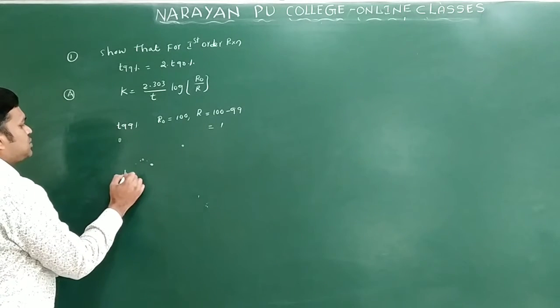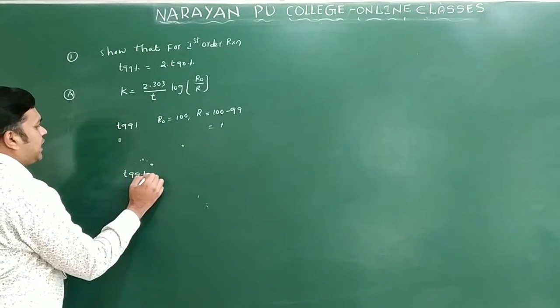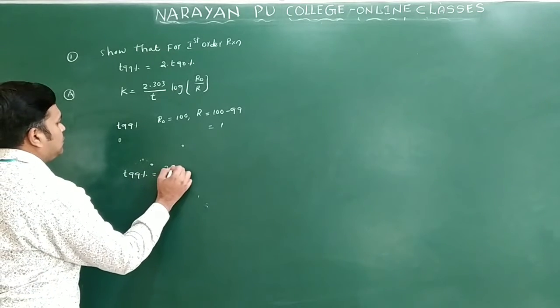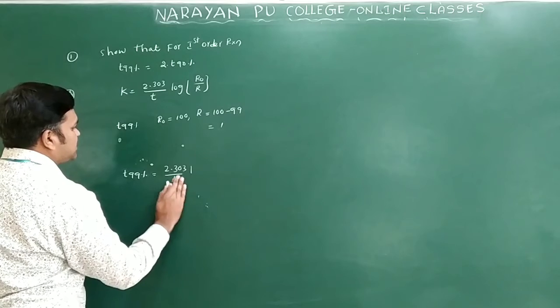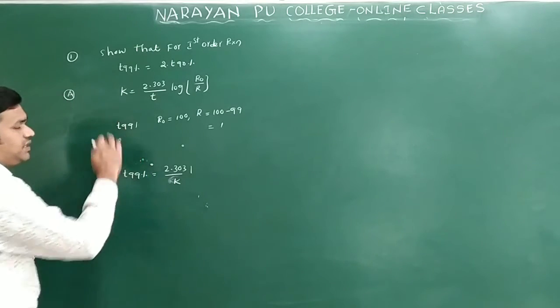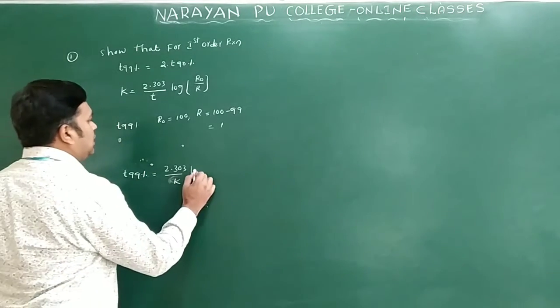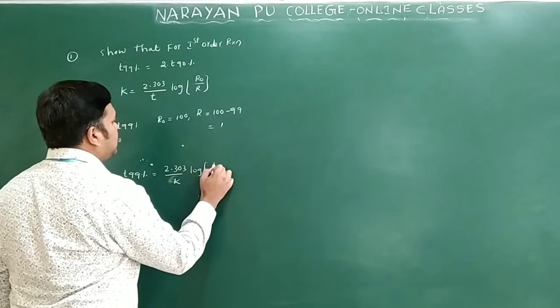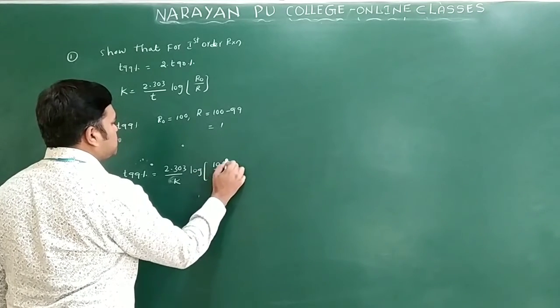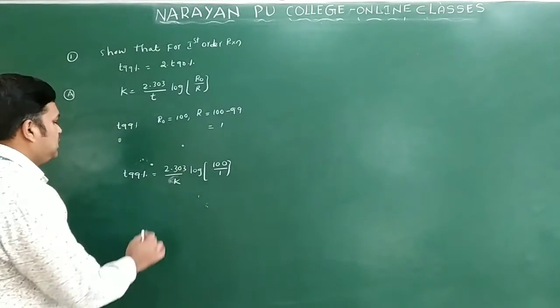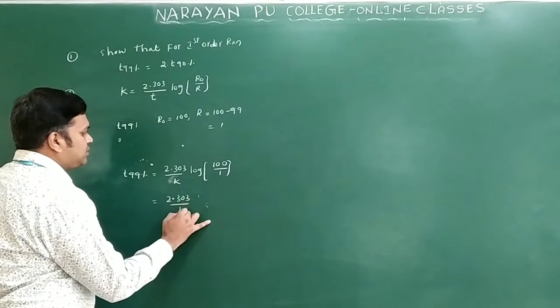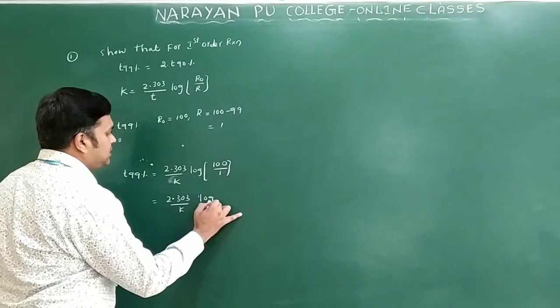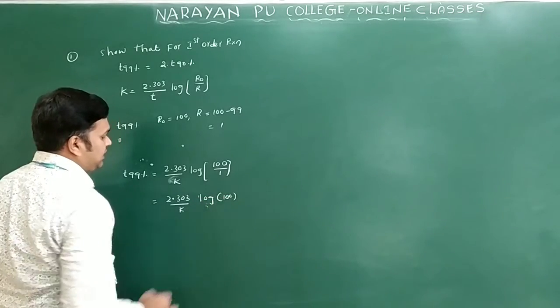So T 99% is equal to 2.303 by K into log 100 by 1.